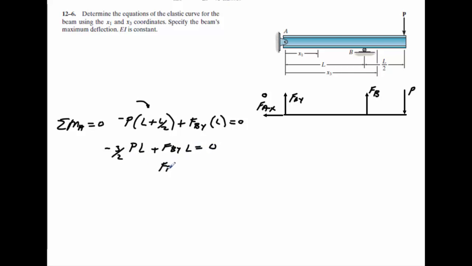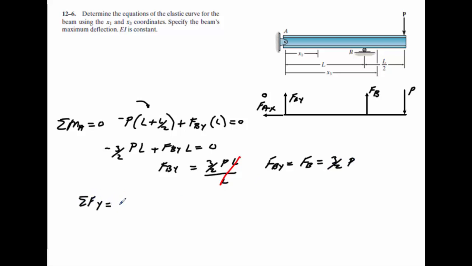Solve for FBY, or FB, it doesn't matter, is equal to 3 over 2 times P L divided by L. The L's will cancel out, so the summation of forces FBY, or FB, I'll just say FB because there is no horizontal force, is 3 over 2 times P.